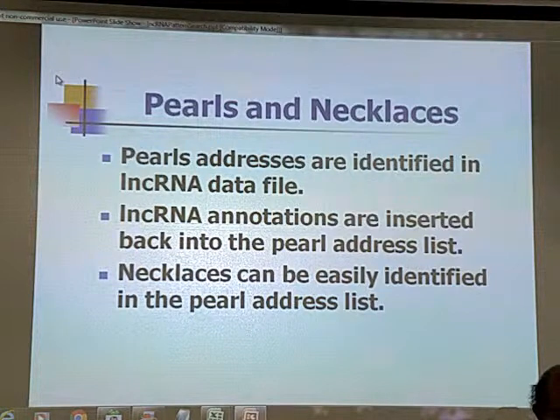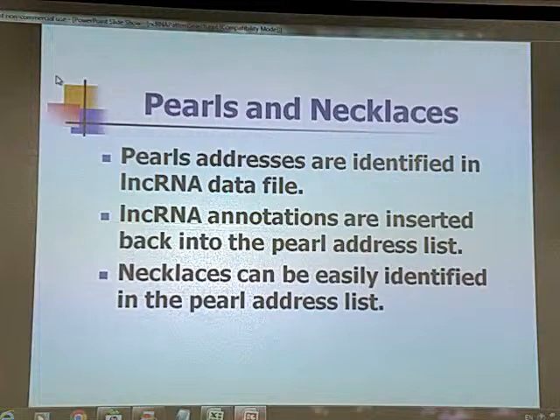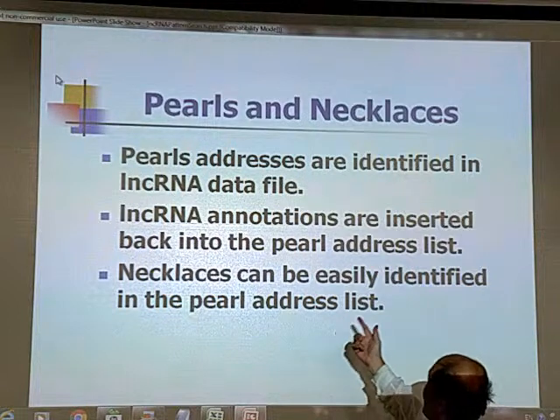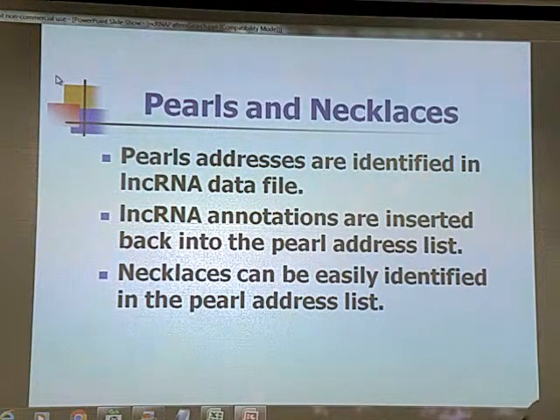And you can see the various pairs that are being identified. What I would like to see is that the entire long non-coding RNA would be one pair after the other, connecting to a cluster. And so in this way, necklaces can be easily identified in the pair address list.